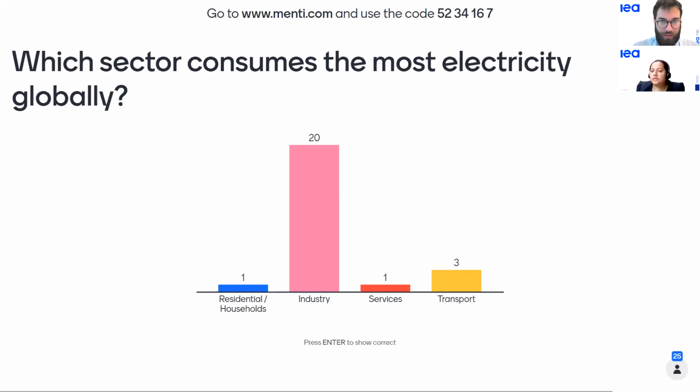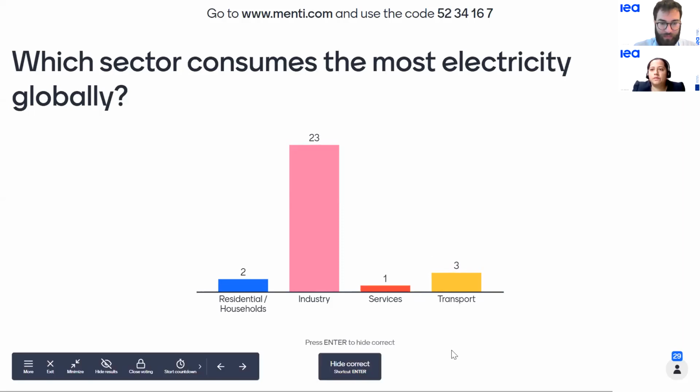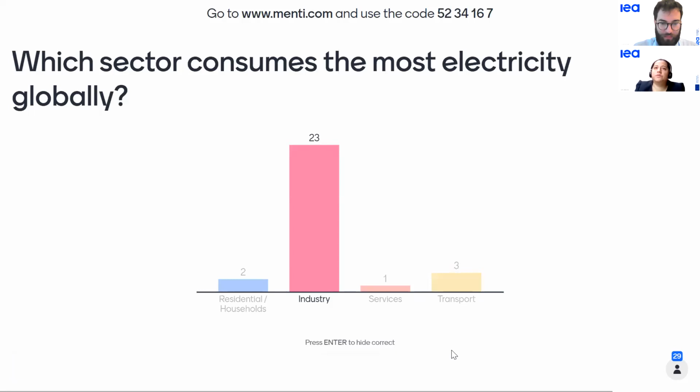We have 20 participants that said industry, 3 that replied transport. The right answer for globally is that the industry sector consumes the most electricity.